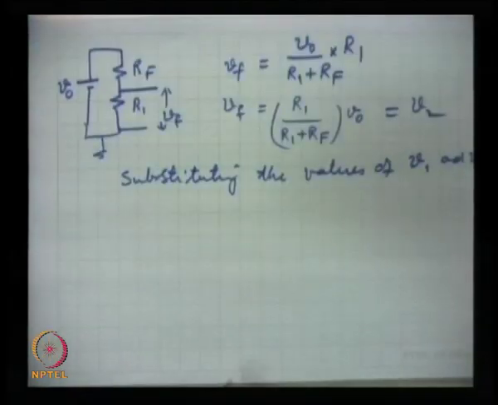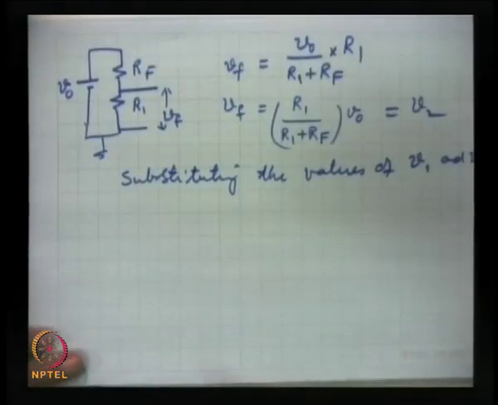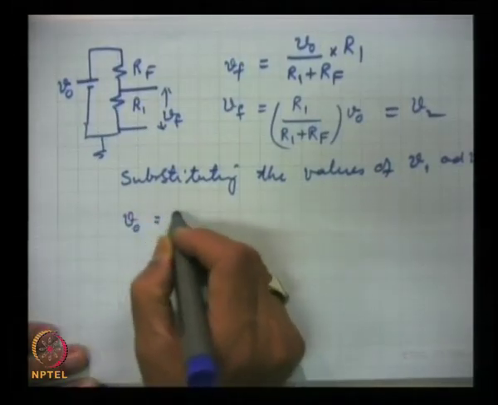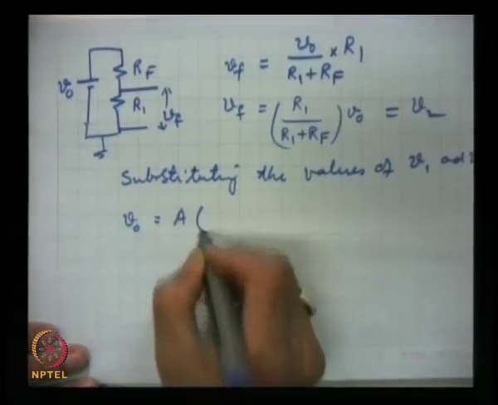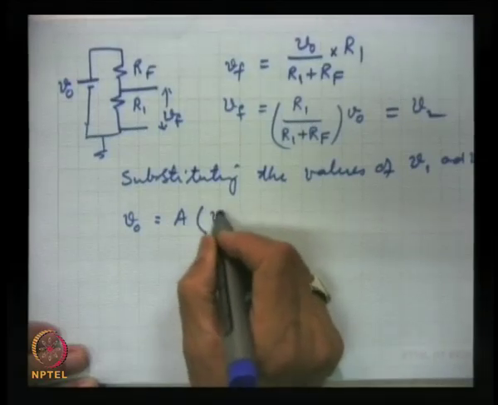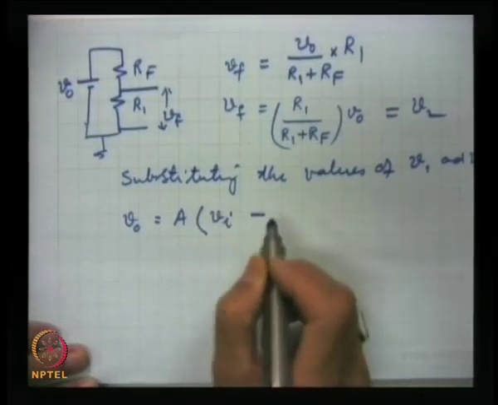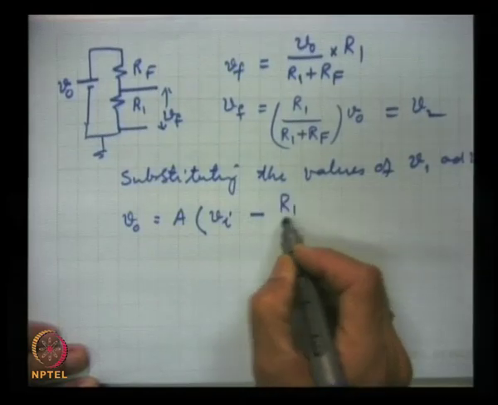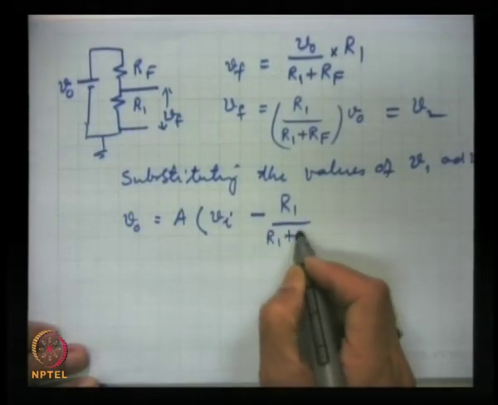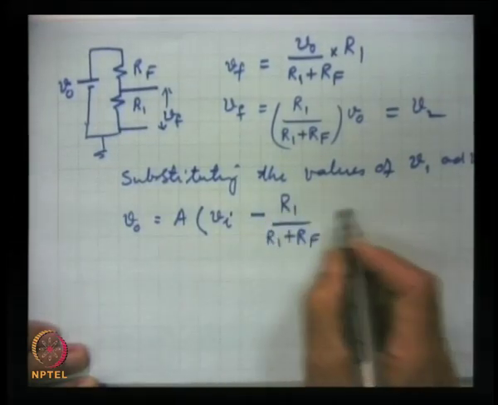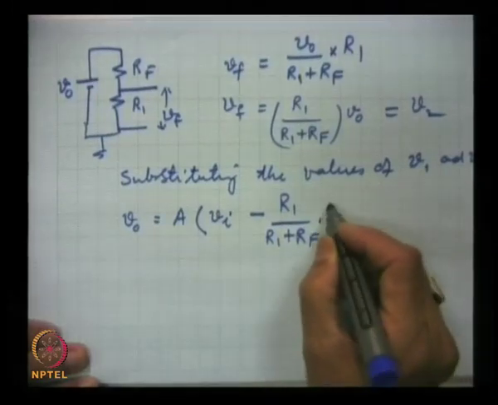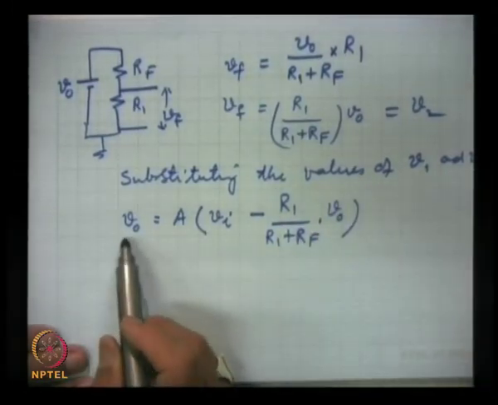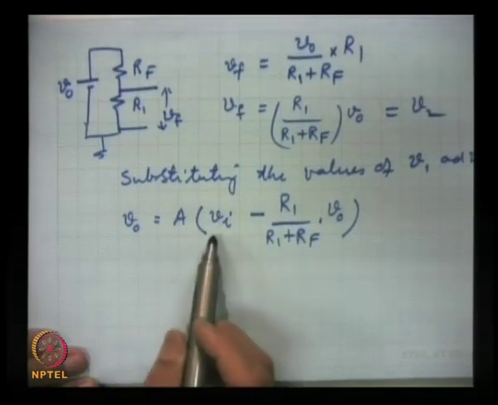So, when we substitute V1 and V2, we get V0 is A times V1, V1 was Vi minus V2, V2 is this, R1 plus Rf into V0. So, this is simply V0 equal to A into V1 minus V2.